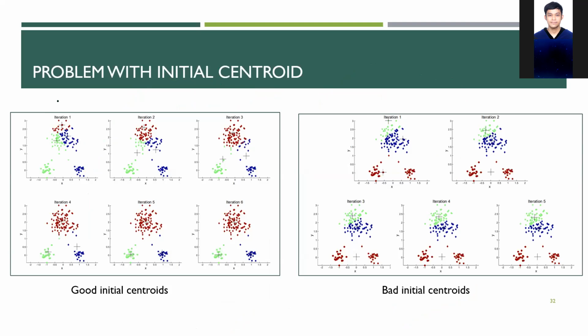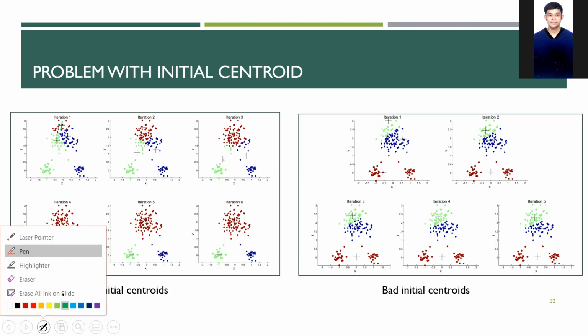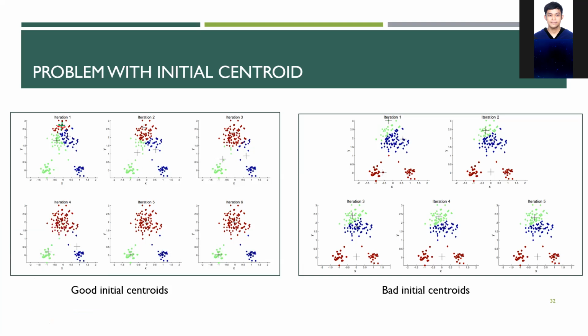For example, we do two times k-means with the same data. The left one, iteration one: centroid one, centroid two, centroid three. Next iteration, move to here. Next iteration, move to here.